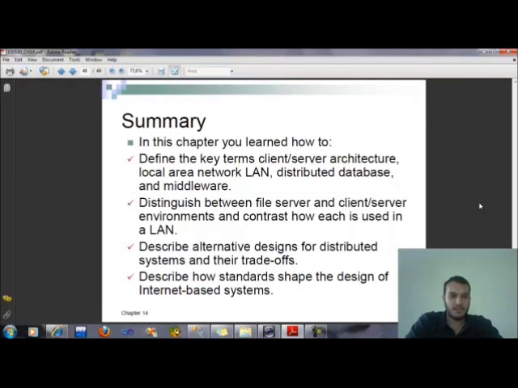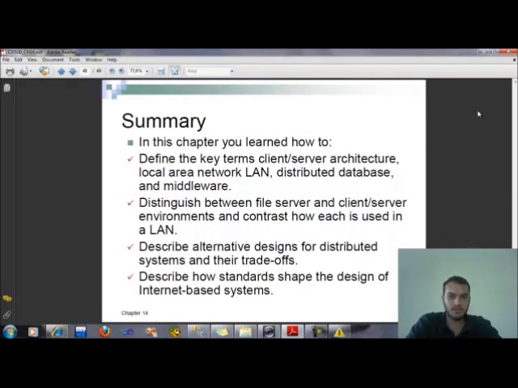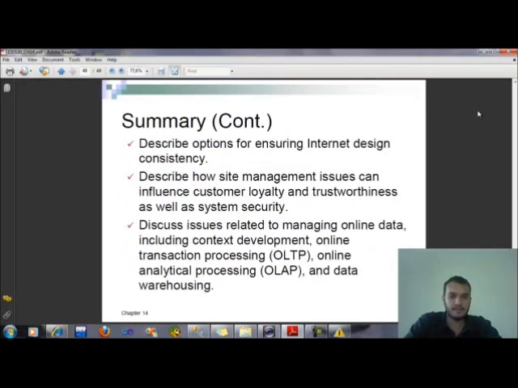And what we did learn in this chapter, we can look at the summary. Define the key terms: client server architecture, local area network (LAN), distributed database, and middleware. Distinguish between file server and client server environments and contrast how each is used in a LAN. Describe alternative designs for distributed systems and their trade-offs. And describe how standards shape the design of internet-based systems.